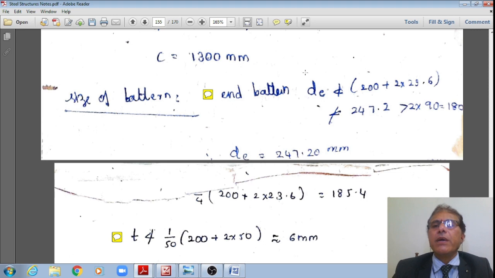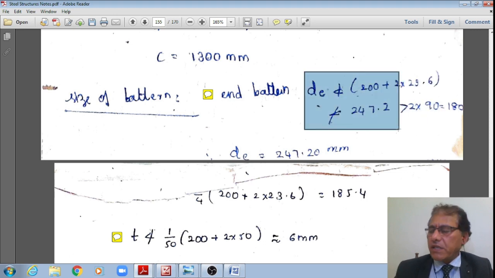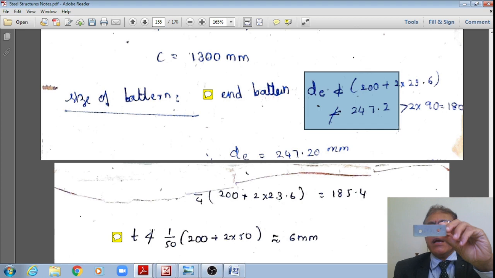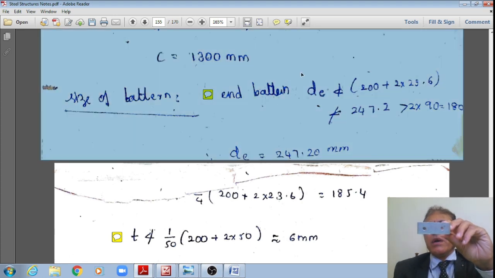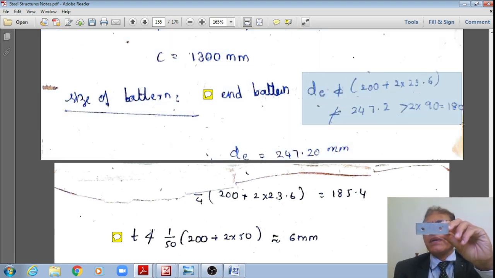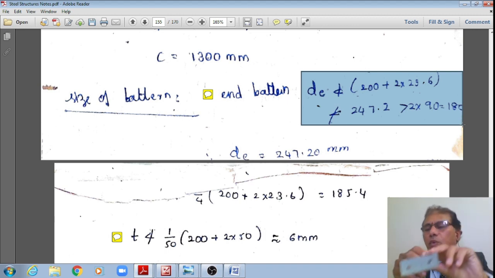Therefore, it works out to not less than 247.2. Another codal specification is that it should be greater than 2 times the width of the flange, which is 90 mm. 2 multiplied by 90 is 180. Therefore, 247 is greater than 180, so it is okay.